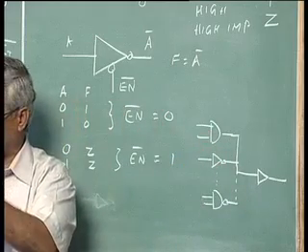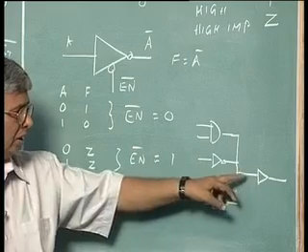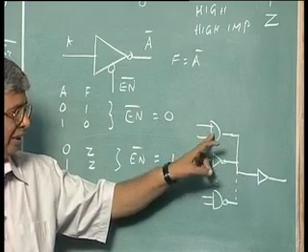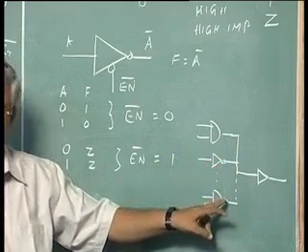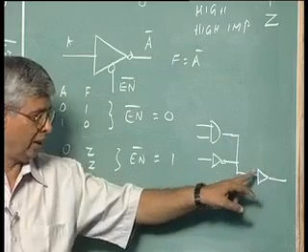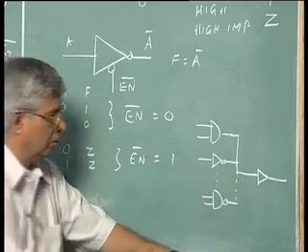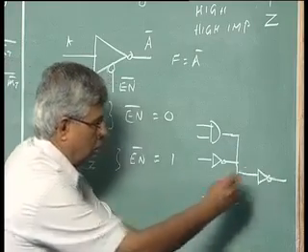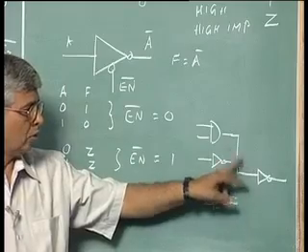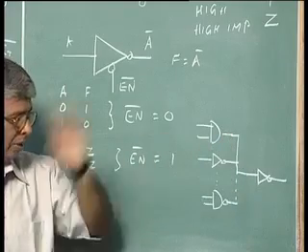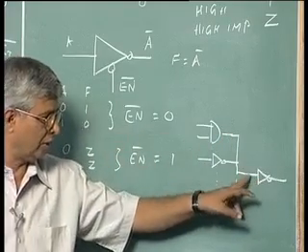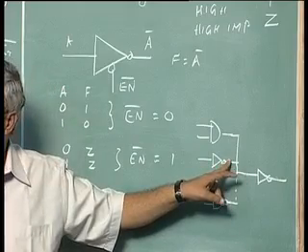At a given time I would like the output here to be determined by this gate only, and this should not interfere. That means this output will be the inverse of this, and this should be this. At some other time I want this output to be the inverse of this, which should be this.